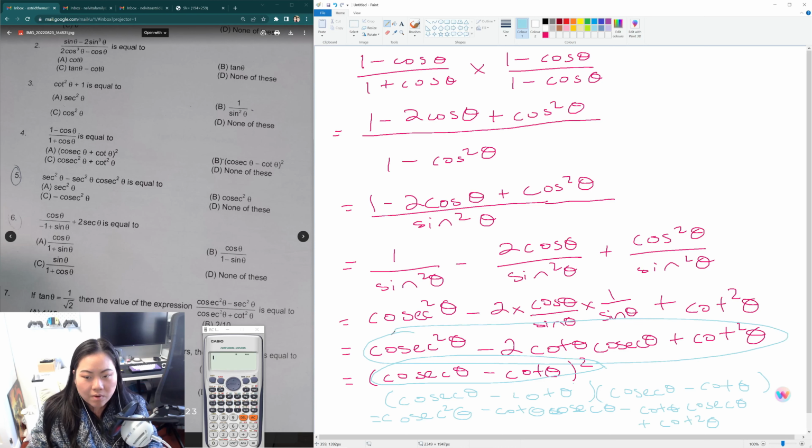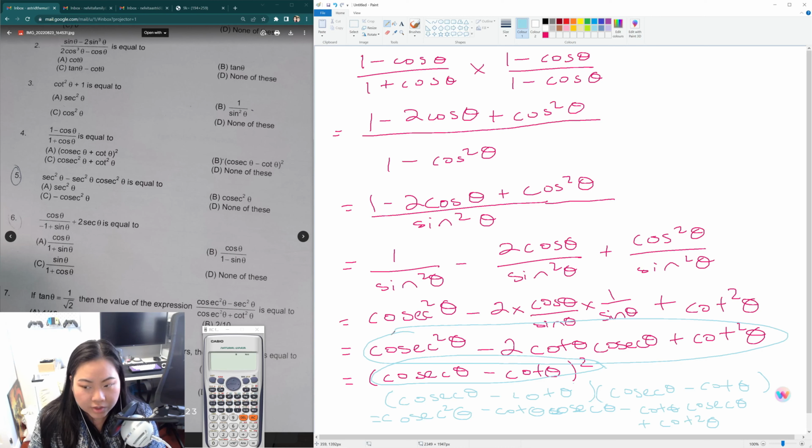Now, for someone new or struggling in trig, you are not necessarily going to be able to spot that. It's just because I've had so much experience and I've seen the expansion of quadratics so many times that I can spot it from here. This is why I did all those crazy things before.